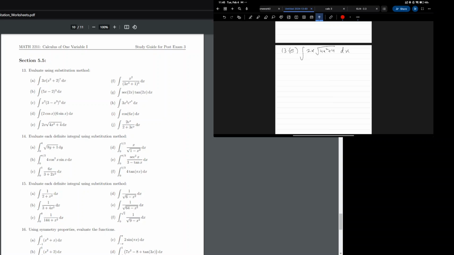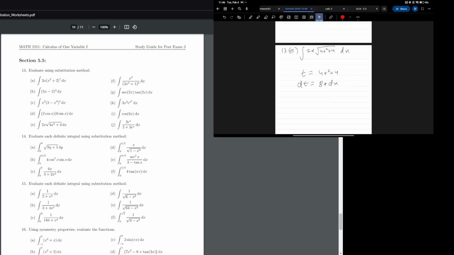You can speak it out, right? So let's take that as t: 4x squared plus 4. The derivative of this would be dt equals, what would be the derivative? 4x. Oh, wait, no, 8x. 8x. My bad. Yes, 8x dx.